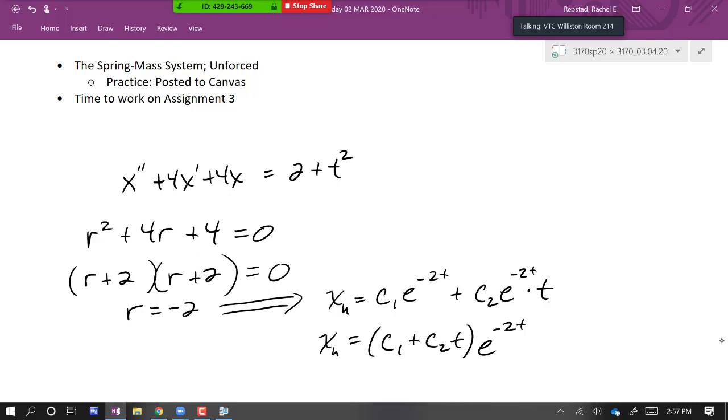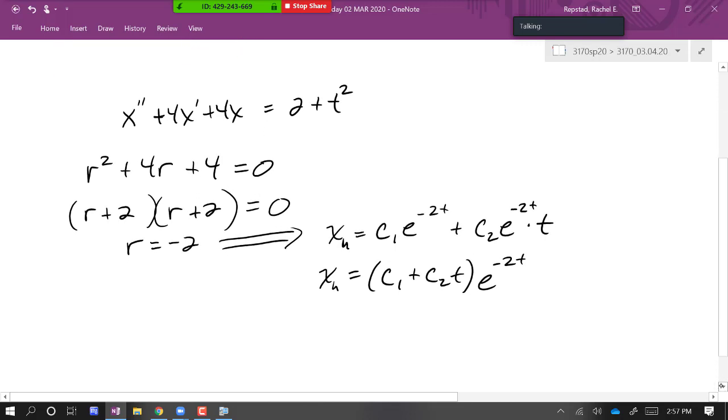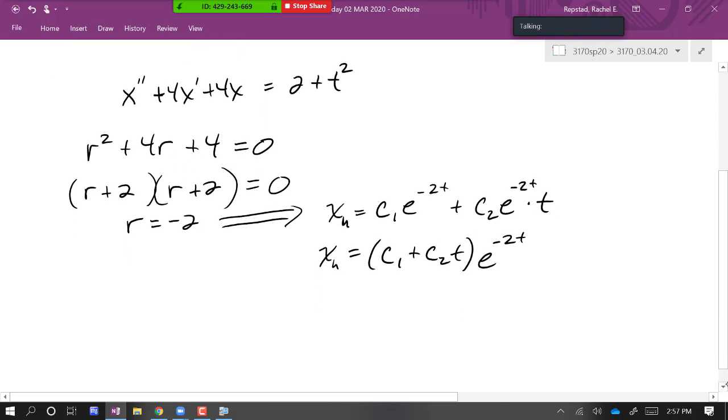What do we have to look at to help us get the particular? We've got the table on the notepad you gave us.